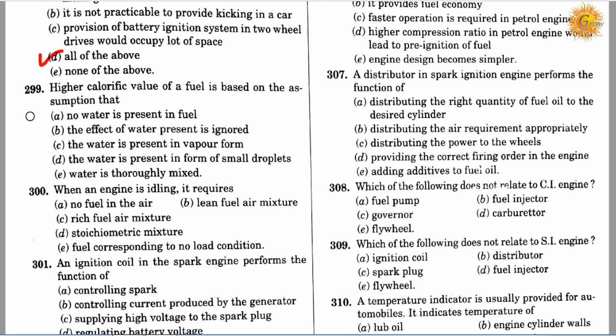Question number 299. Higher calorific value of a fuel is based on the assumption that: option A, no water is present in the fuel; option B, the effect of water present is ignored; option C, the water is present in vapor form; option D, the water is present in the form of small droplets; option E, the water is totally mixed.